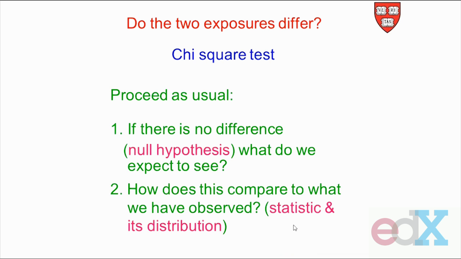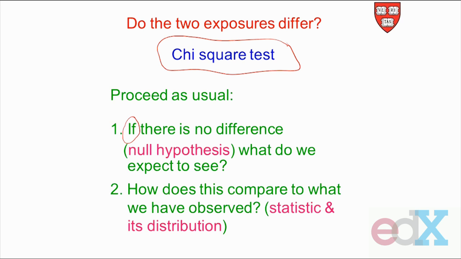Well, what I'm going to be talking about is the very popular chi-square test. You may have heard about this because it's really ubiquitous. Now, how does this chi-square test work? Exactly like all our hypothesis testing works. Namely, you start off with the if.